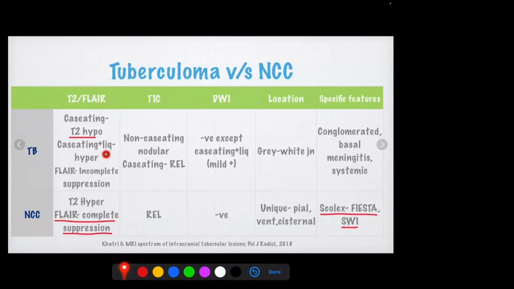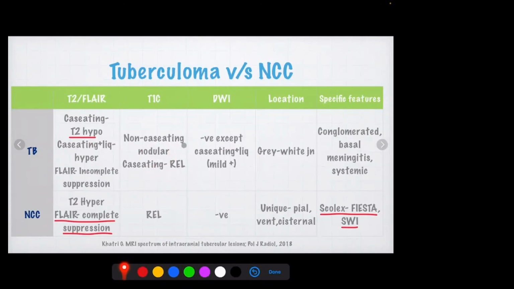In the stage of caseating granuloma with liquefaction, the lesion would be quite similar to NCC. So that's where the confusion comes mainly. The non-caseating stage would be solid enhancing, which is nodular enhancing, and the caseating stage would be ring enhancing.